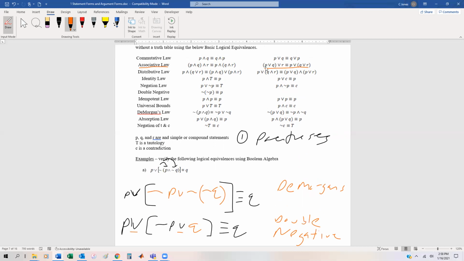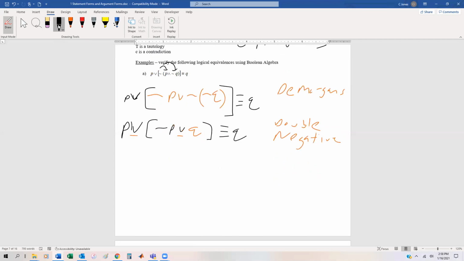P or Q or R is equal to P or Q or R, so we just move the parentheses around. By the associative law, I'm just going to move the parentheses, and everything else stays the same. That's our associative law.